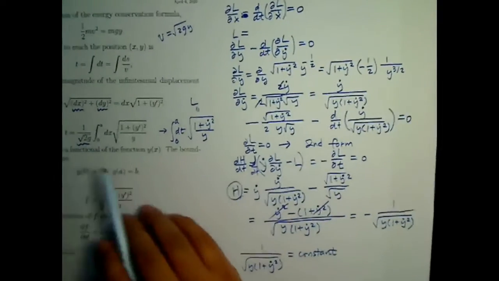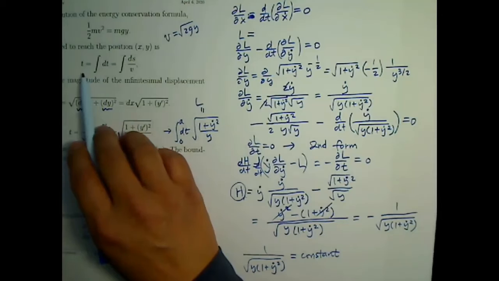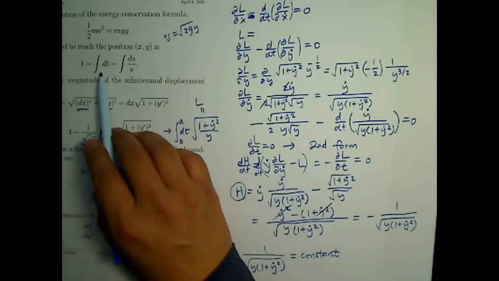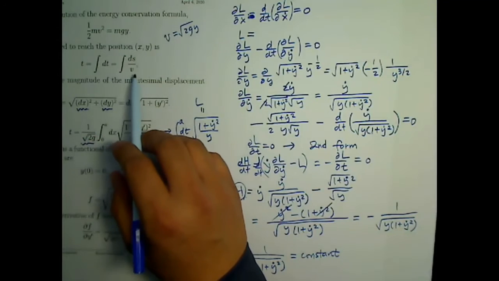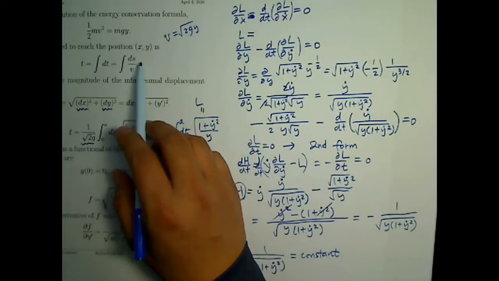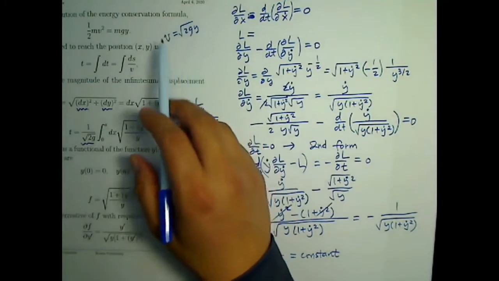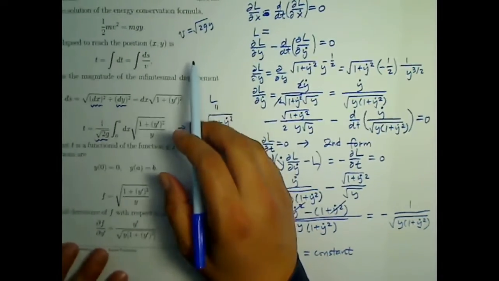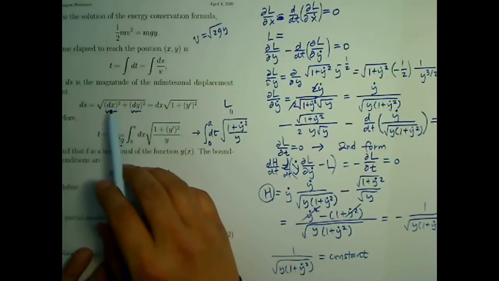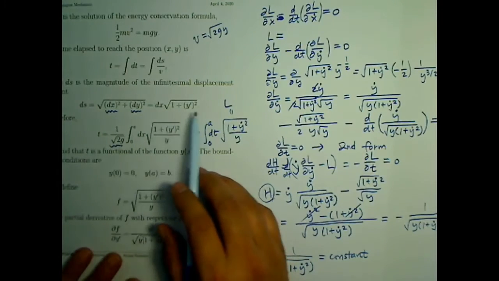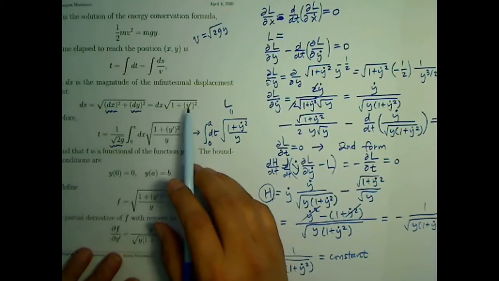We can construct the functional T. T is the sum of differential time, and the differential time is measured with distance, arc length, divided by velocity, and velocity is determined in such a manner. And if we substitute these values into the arc length, it is just like what you have done just before.